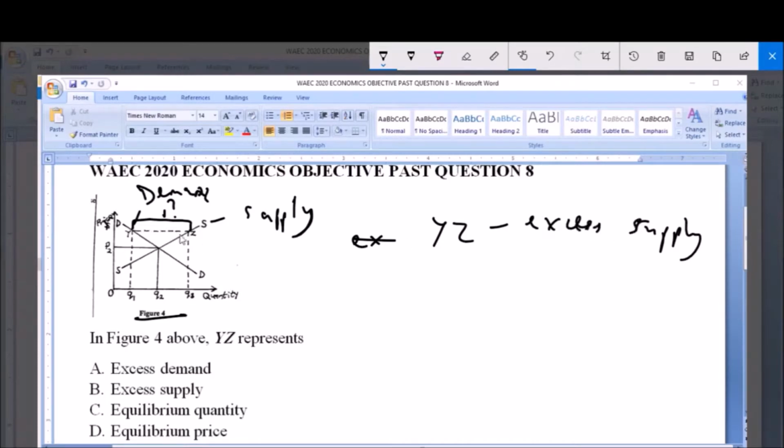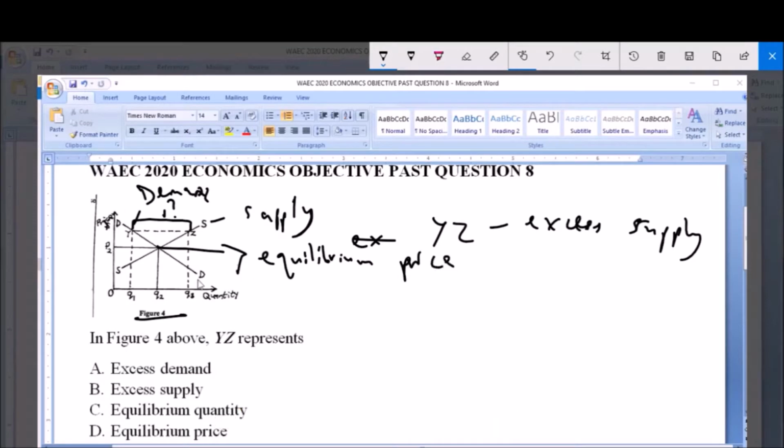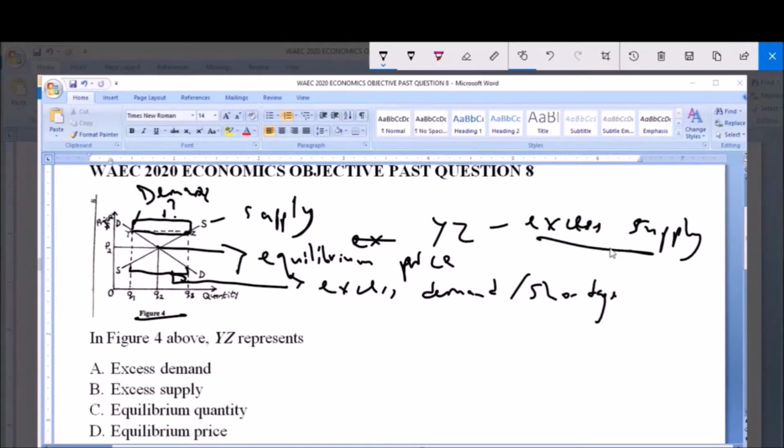This portion on the graph represents excess supply, and the point where these two curves intersect is known as the equilibrium price, and this portion below the equilibrium price is referred to as excess demand or shortage. So we have established that YZ, this portion here, represents excess supply, and excess supply is option B, which is the correct answer to this question.